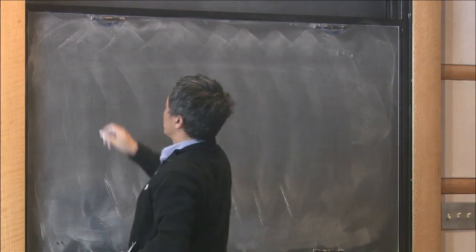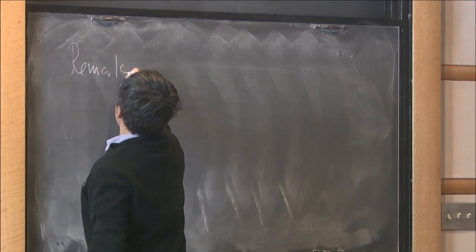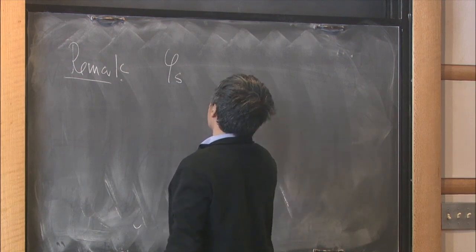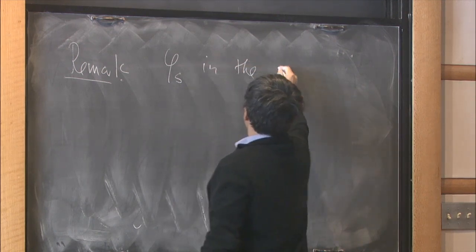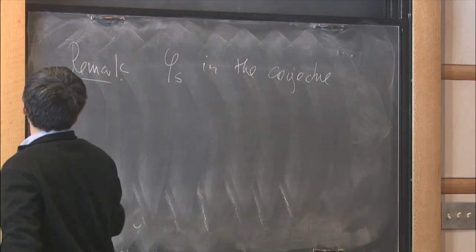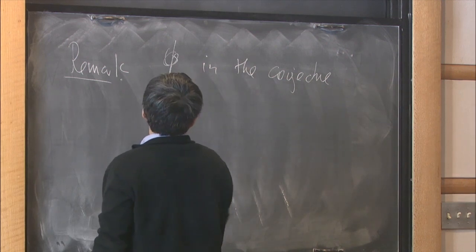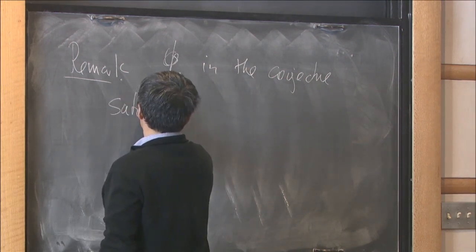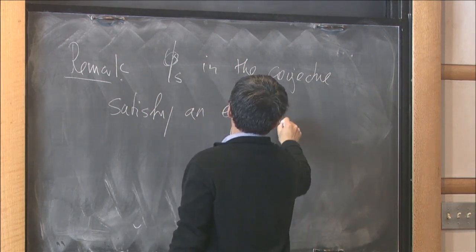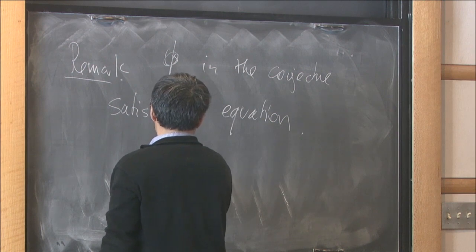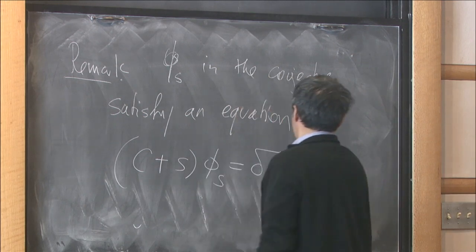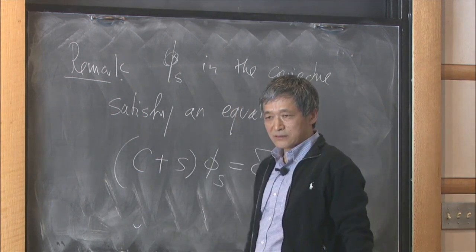The remark is that the phi_s in the conjecture, maybe I should use phi_s, is probably a better idea, satisfies an equation: the Casimir C plus s of phi_s equals 0, with delta at E. So this is a basic differential equation.